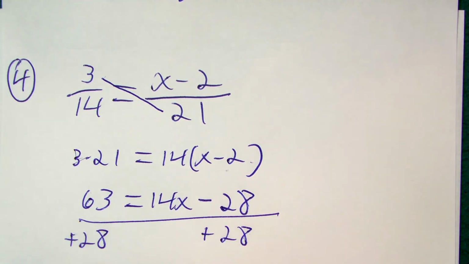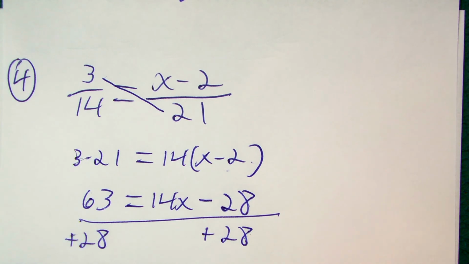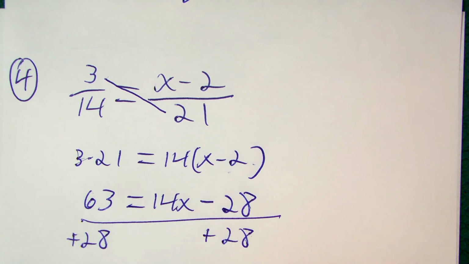That means x equals 91 divided by 14, which you can reduce down to 13 halves or 6 1/2. Either of those answers will do.